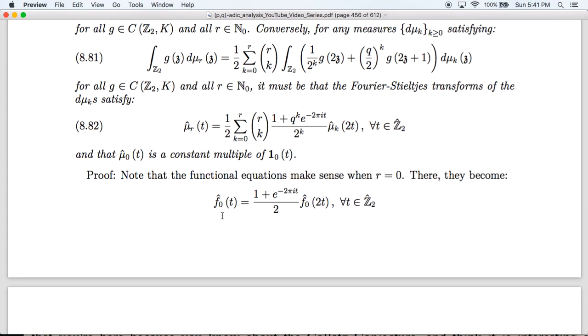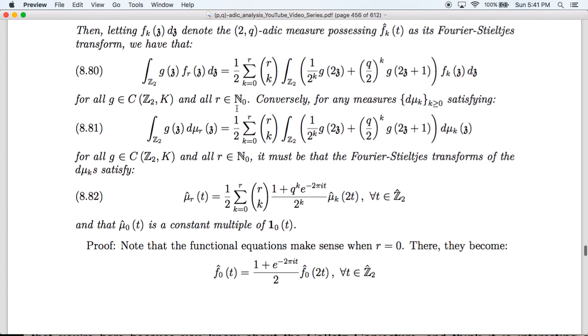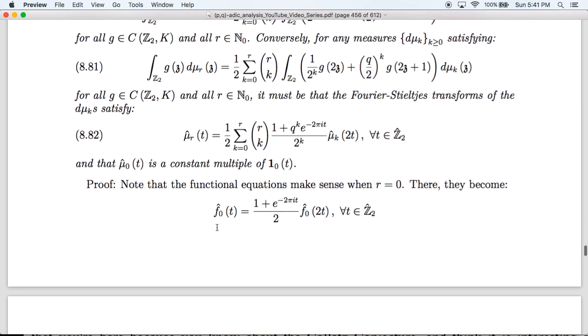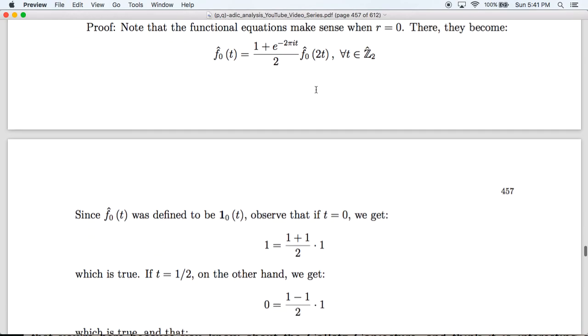Note that, first of all, the functional equations make sense when r equals 0. There we get the following. Since f0 hat of t was defined to be the indicator of 0, when t equals 0 this becomes 1 equals 1 plus 1 over 2 times 1, and we get the right thing.